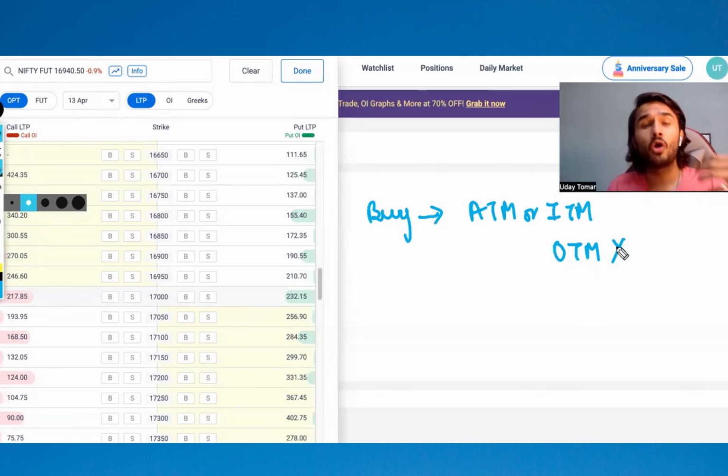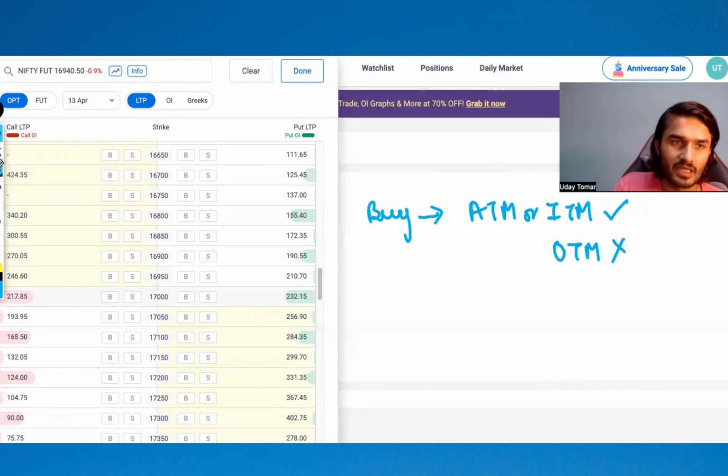But the probability of you getting the strategy right would be lower. I personally prefer choosing a strategy which has a higher probability of profit. Yes, the risk will be higher on that, but I want my probability of profit to be higher. For that reason, I only choose in the money and at the money.